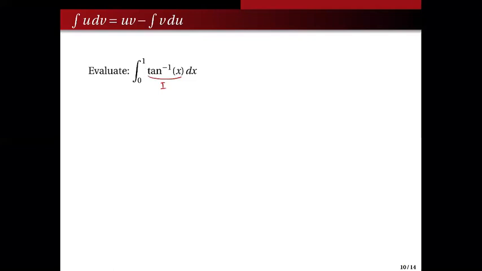Which means that this guy here should be the u, because I comes first before A. So in here, u equals tangent inverse of x. dv is equal to the remaining 1 times dx, or let's just write dx.